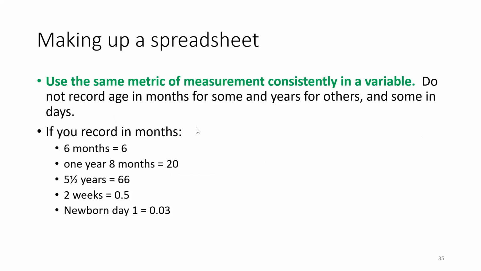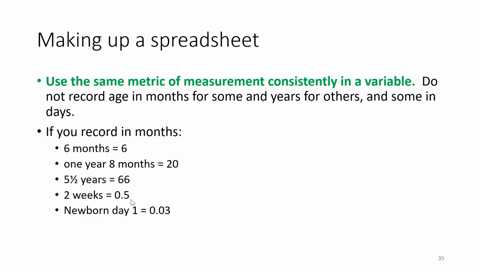As I said, you should try to use the same metric of measurement consistently in a variable. Don't record age in months and years and some in days. So that means if you're recording in months, then 6 months, you just put 6. If it's 1 year and 8 months, that's 12 plus 8 is 20. You just put 20. If it's 5.5 years, that's 5 12s are 60 and 6 months, so the number's 66.